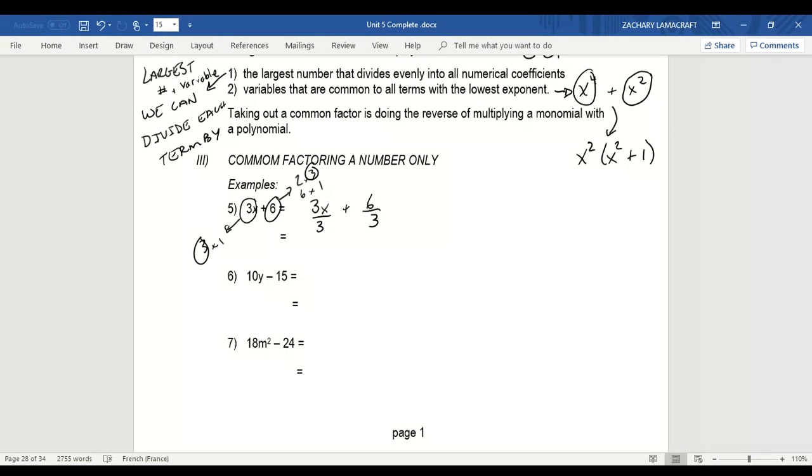So when that happens, what we do is we actually put those numbers outside the bracket. So since 3 is our greatest common factor, we put that outside the bracket, and then inside we would have, if we divided 3x by 3, it would just be x, and if we divided 6 by 3, it would be 2.